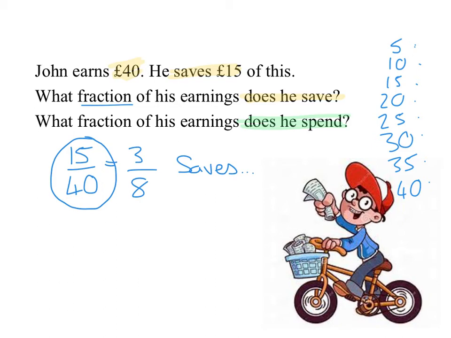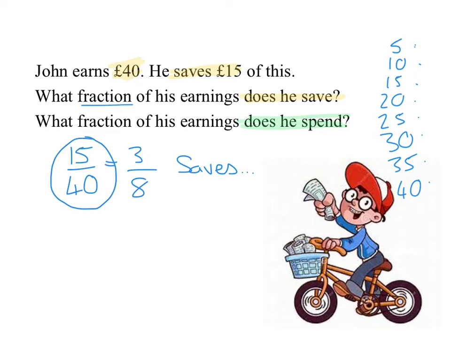Right, but the next bit says, what fraction does he spend? Well, with all his money, he either saves it or spends it. So they must add up to 1.